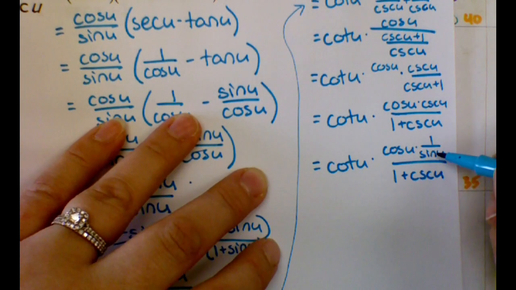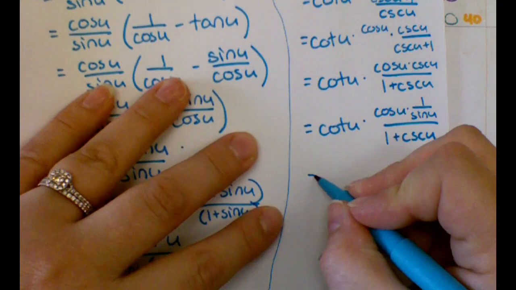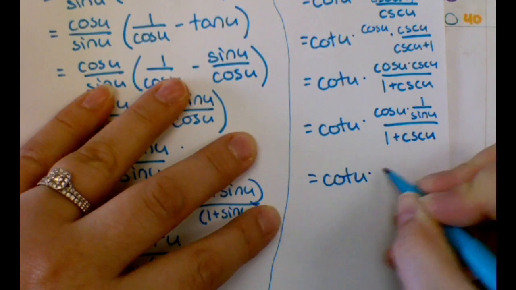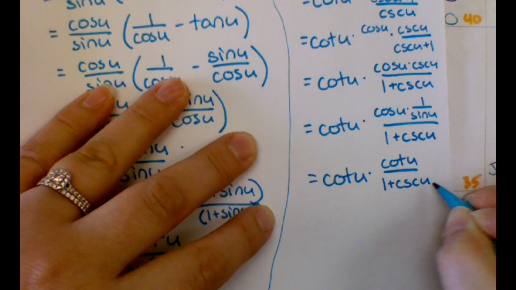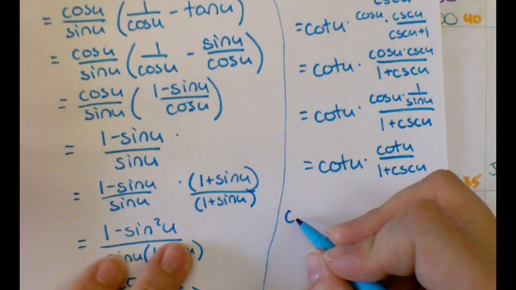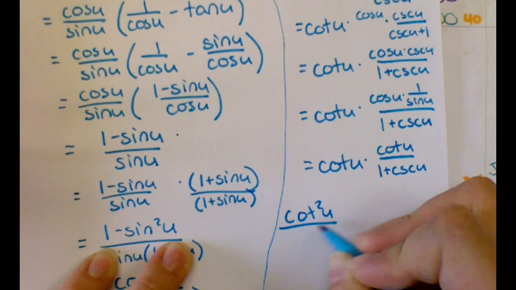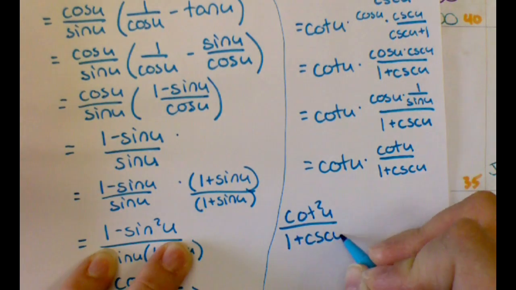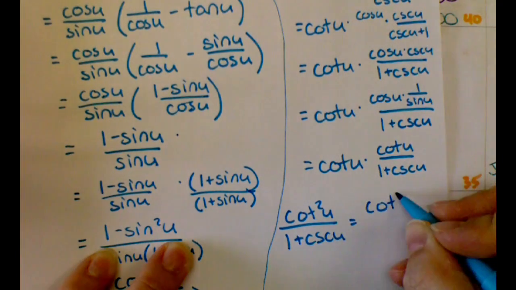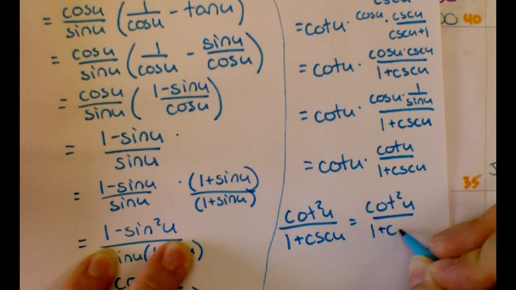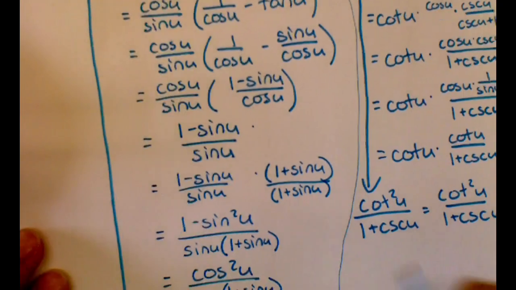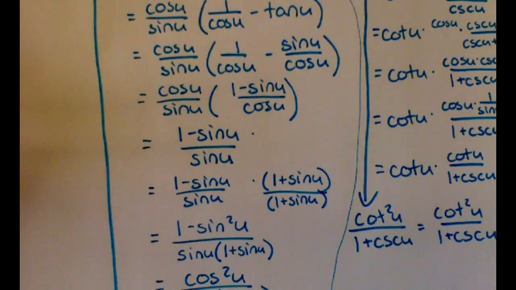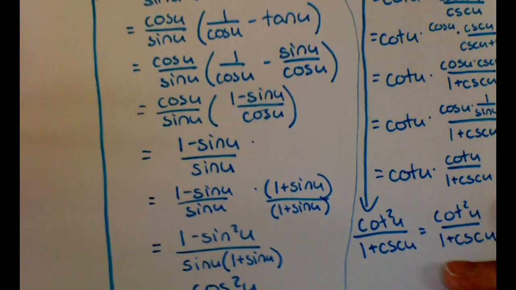Cosine times 1 over sine makes a cotangent. And now I finally got to cotangent squared of u over 1 plus cosecant of u equals cotangent squared of u over 1 plus cosecant of u. I'm going to put my arrow in all of these spots. This is probably not the best way to go about this problem, but it worked.